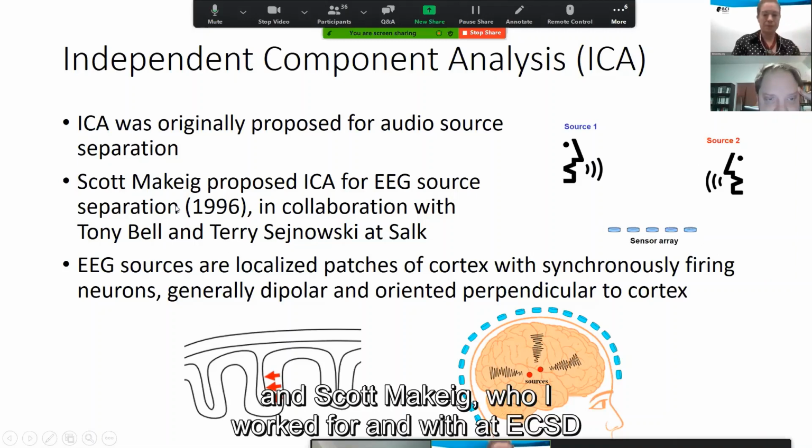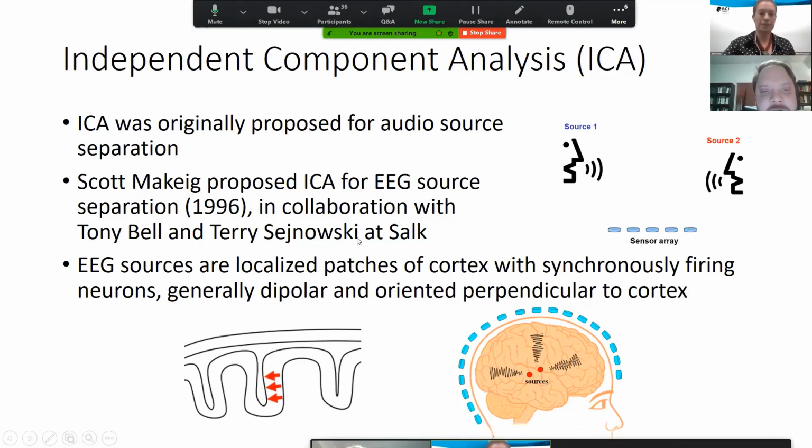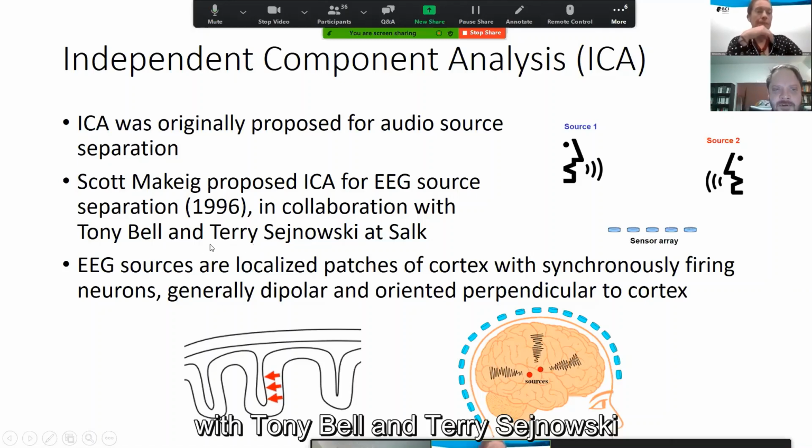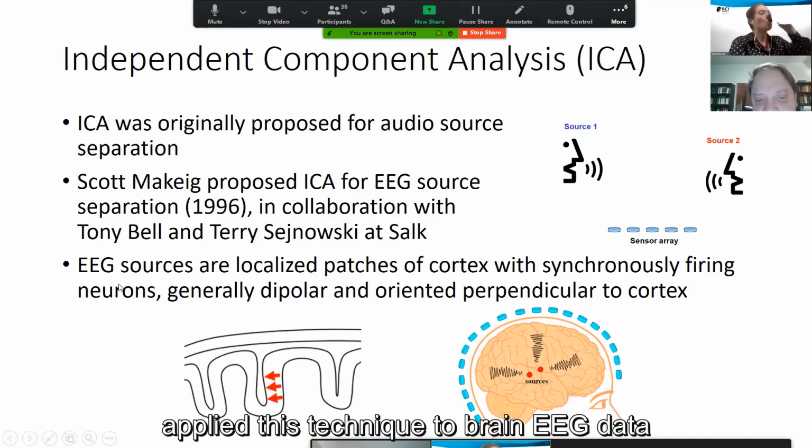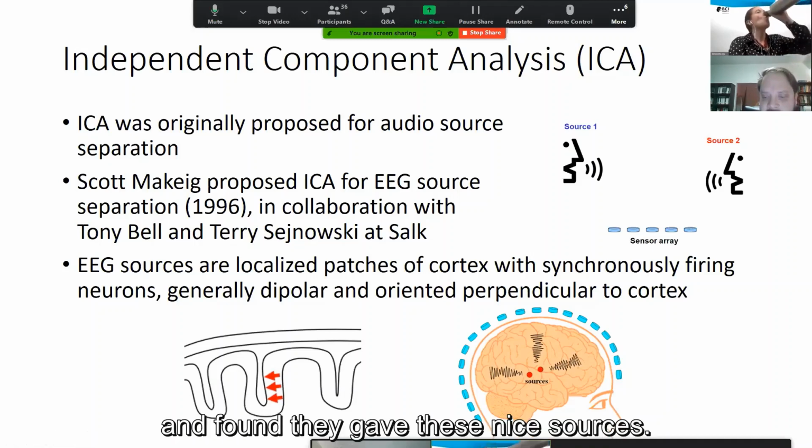And Scott Makeig, who I worked with at UCSD, with Tony Bell and Terry Sejnowski, applied this technique to brain EEG data and found that it gave these nice sources.